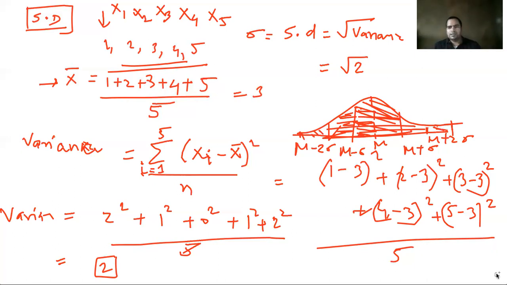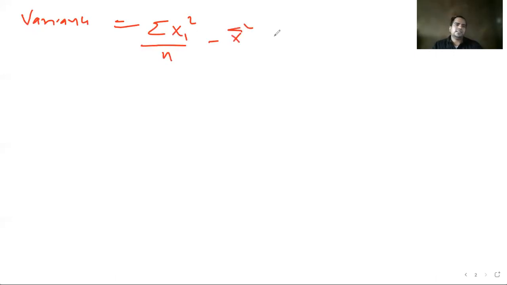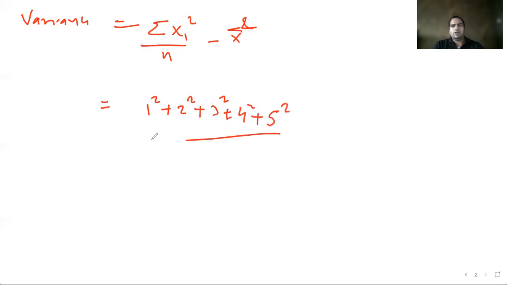There is another formula that we can learn, and that formula for variance is sigma xi square over n minus x bar square. If I wanted to find the variance in this case, I would just square each value, add them up, 1 square plus 2 square plus 3 square plus 4 square plus 5 square upon 5, and minus mean square.